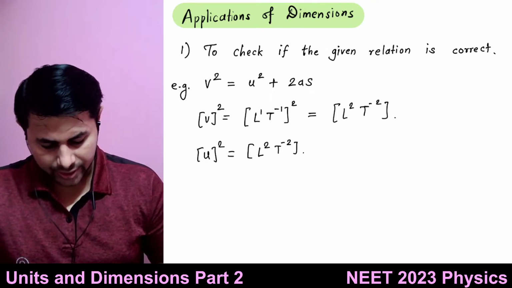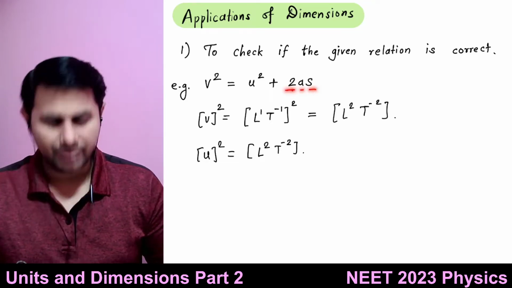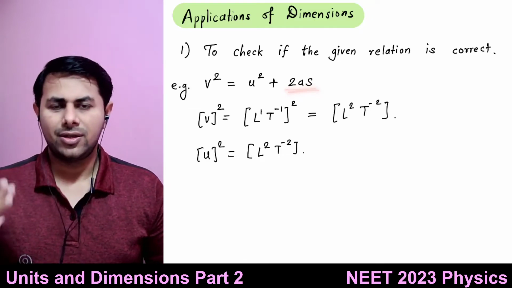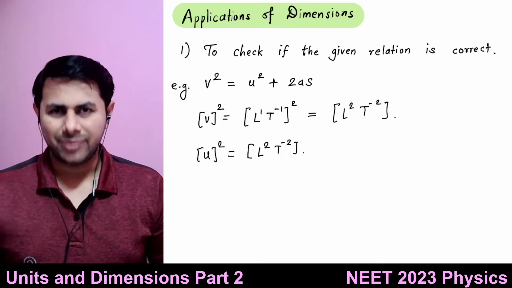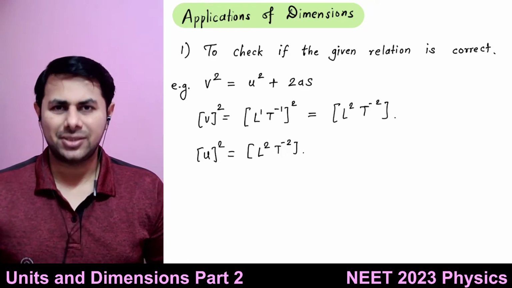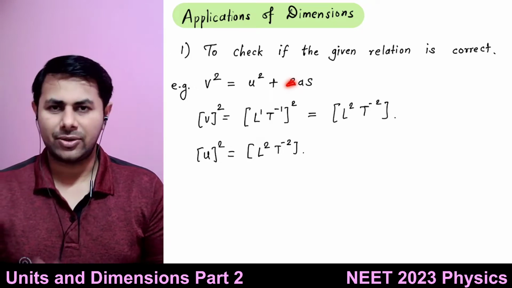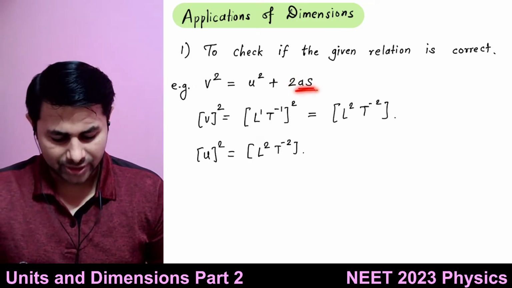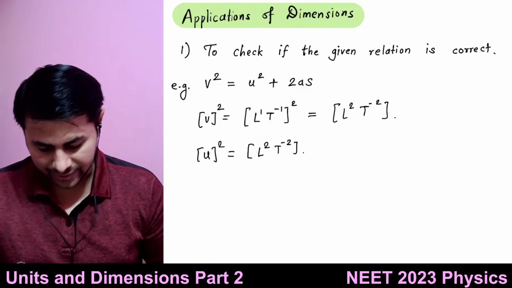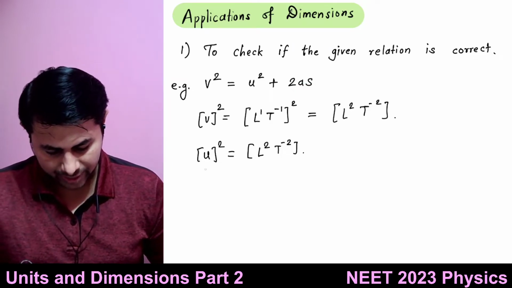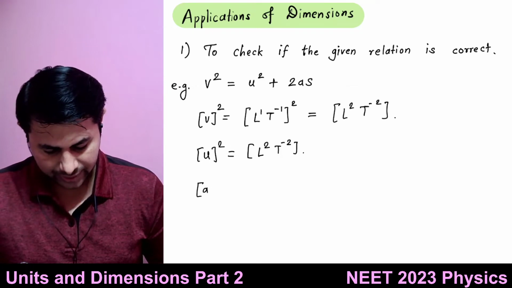Then here I have 2 times a multiplied by s. So in this one, 2 doesn't have any dimension. 2 is a number. Okay, it is dimensionless number, dimensionless coefficient. So it doesn't have dimensions. So we have to find out dimensions of a multiplied by s. Okay, so let's find out dimensions of a multiplied by s.